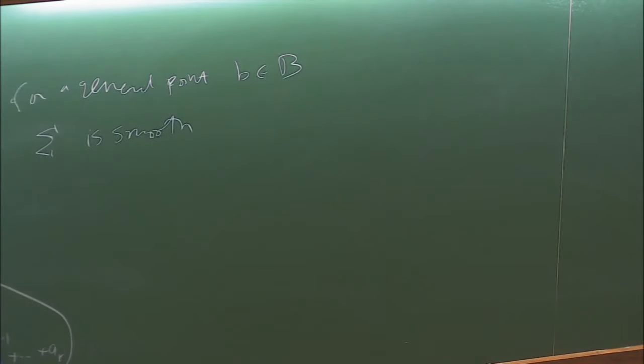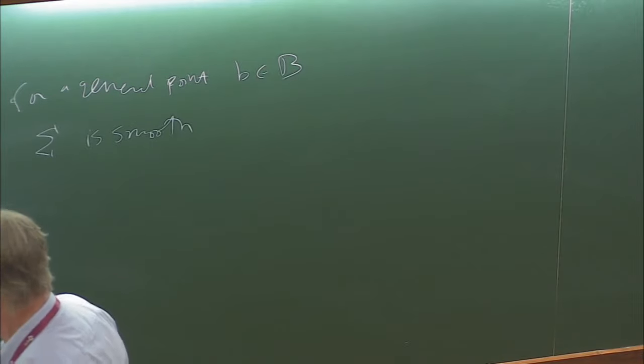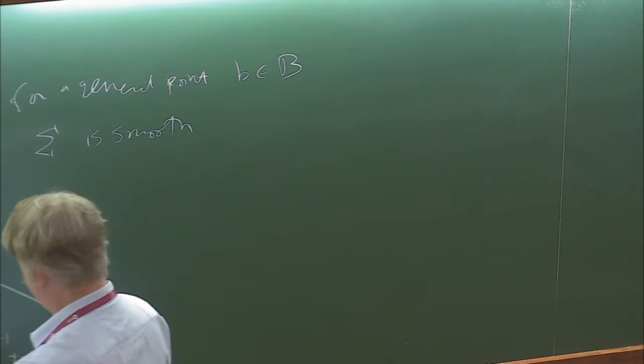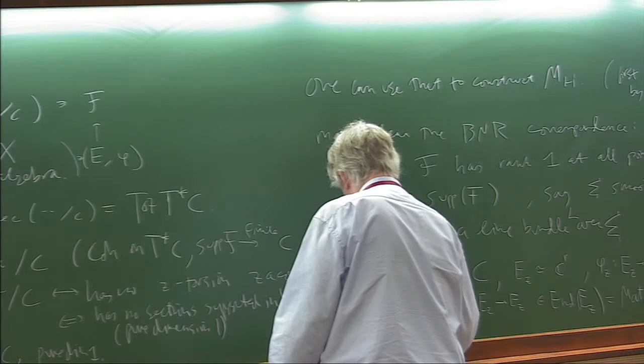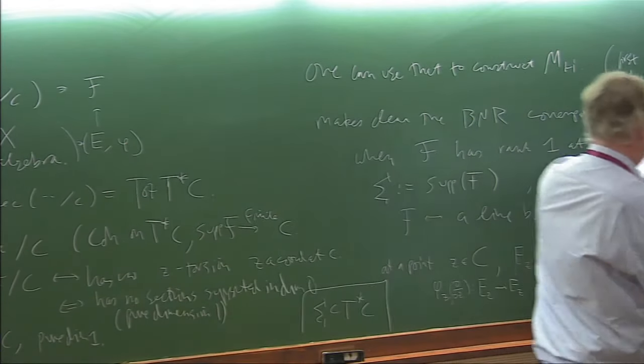Sigma is an equation for a subvariety of the cotangent bundle of C. I should have said this earlier: sigma is a subvariety of the cotangent bundle of C. That's what all this says.